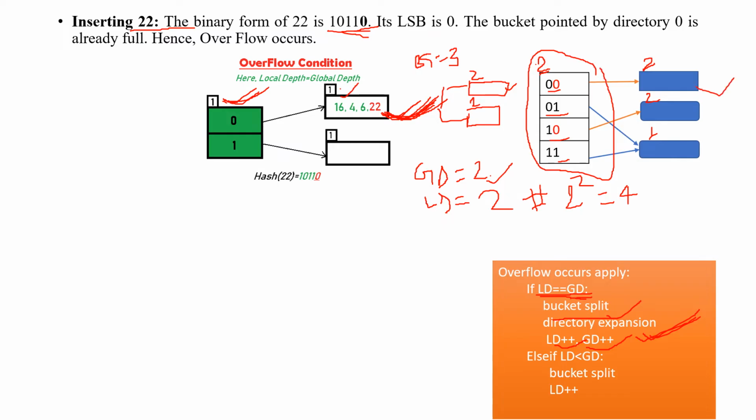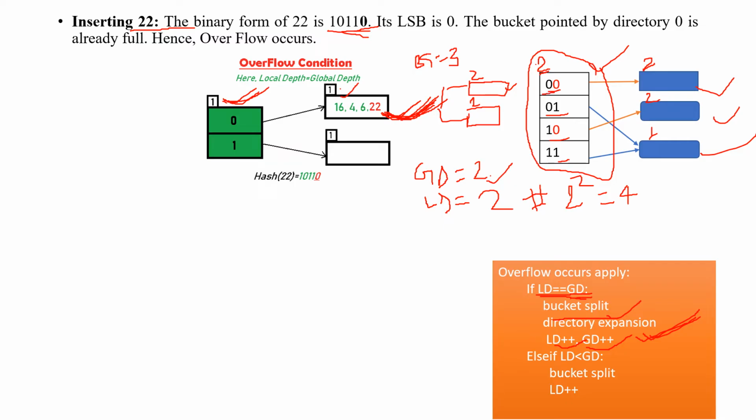Now you have this bucket and this bucket. Previously there were two directories, 0 and 1. You are saying that 0 is pointing to the 0 bucket, 1 is pointing to the 1 bucket. But what about the new ones? That is the question. So what will you do while making these pointers?